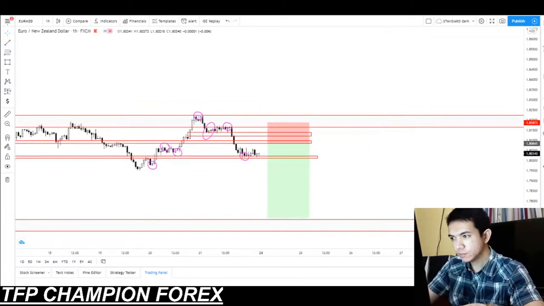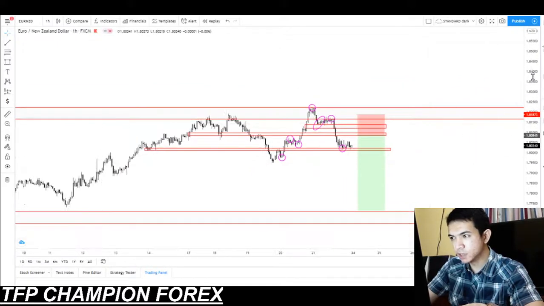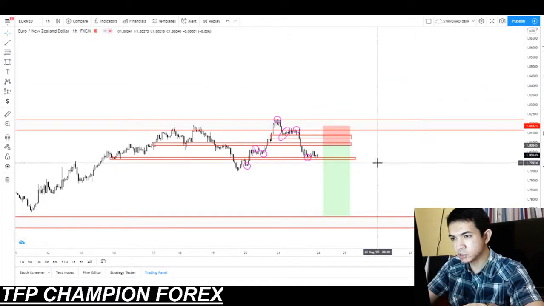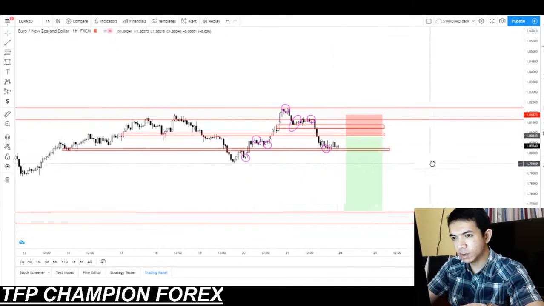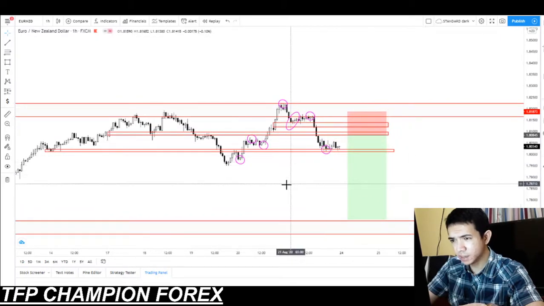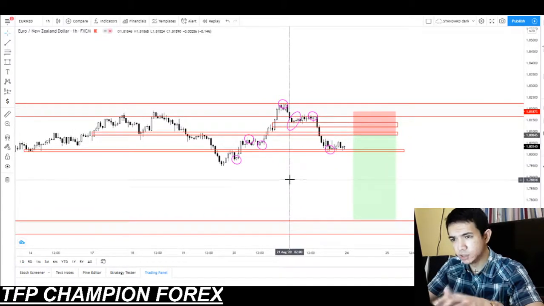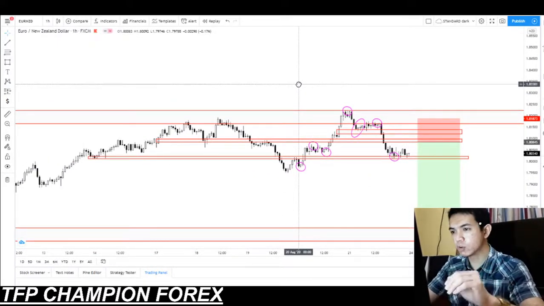I'm only trading using market structure and price action. So that is how I read market structure. I'm just repeating the same process as what I did at the higher time frame and applying it to the lower time frame for my entry.